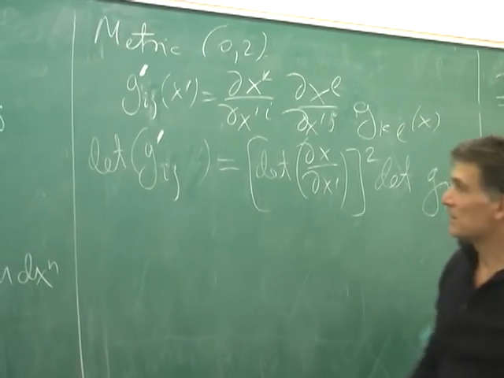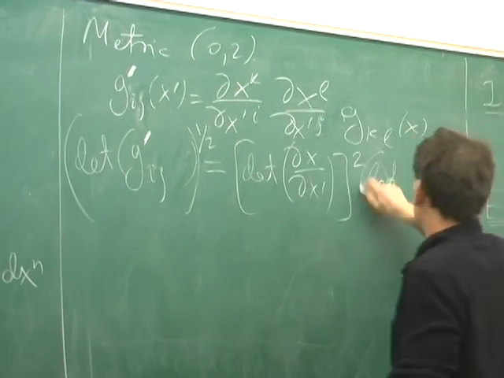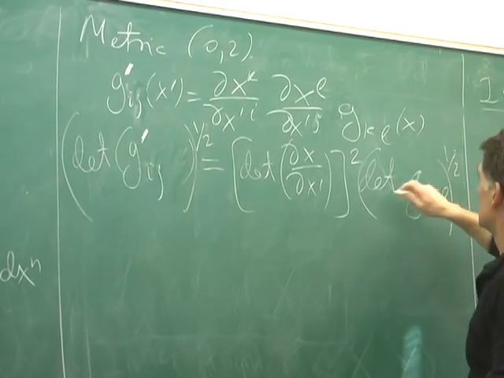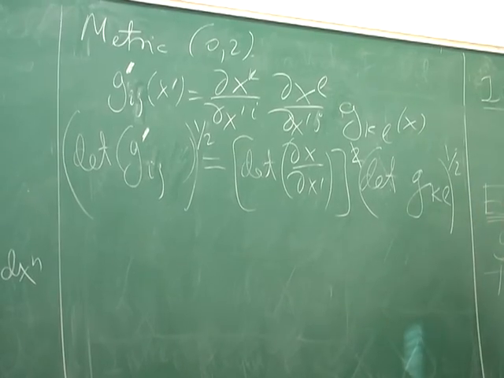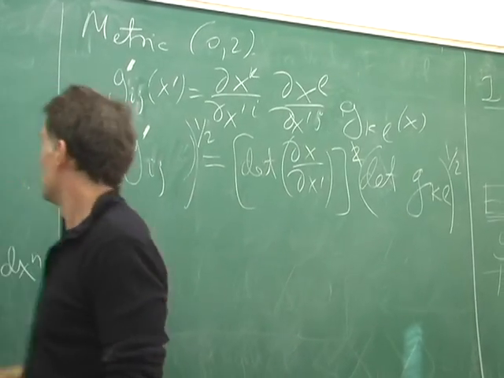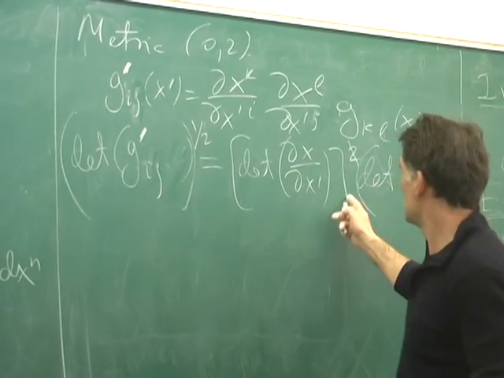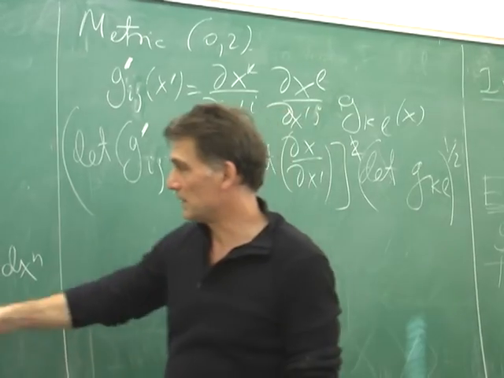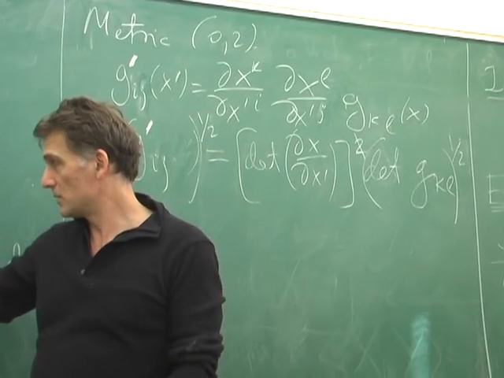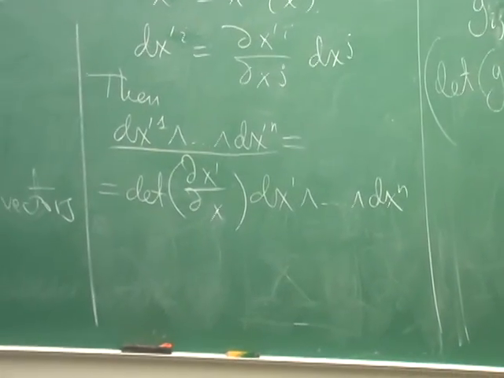Right? And so if you take this to the power 1/2, then you get rid of this. And so if you now take this and multiply by the square root of the determinant, then this Jacobian will cancel exactly this one, because this is the Jacobian of the matrix dx prime by dx, and this one is dx by dx prime.